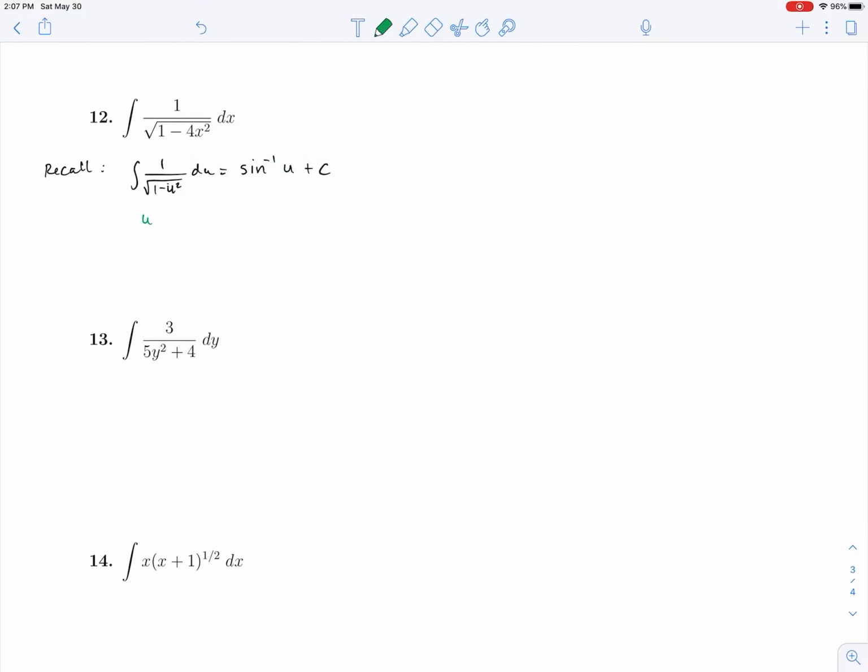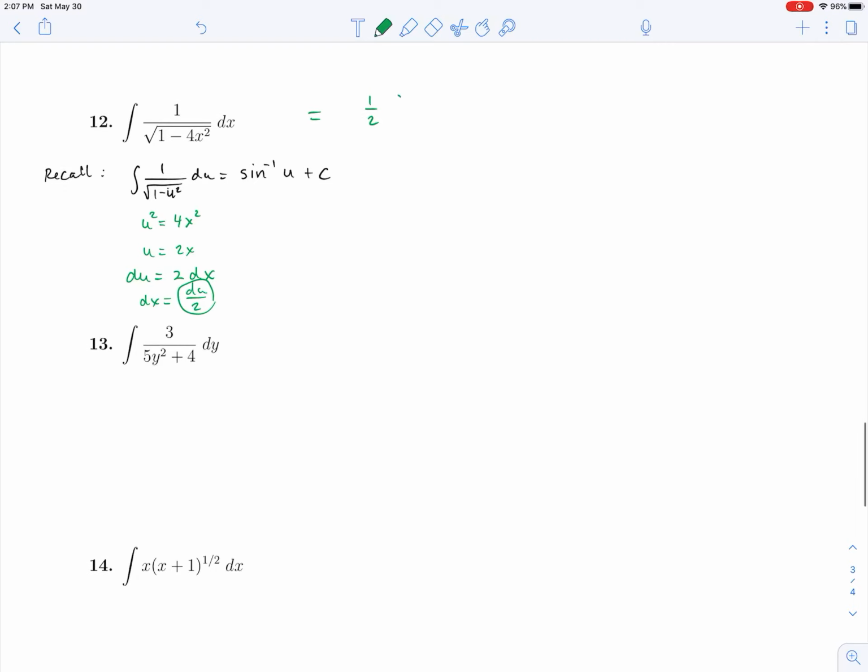So if we let u squared be 4x squared, then u is 2x. Plus or minus, but of course we're going to let u be the positive 2x. Then du is 2 dx, and dx is du over 2.